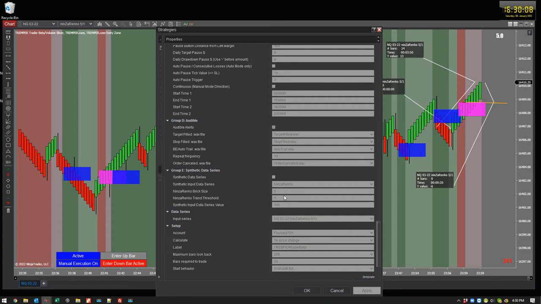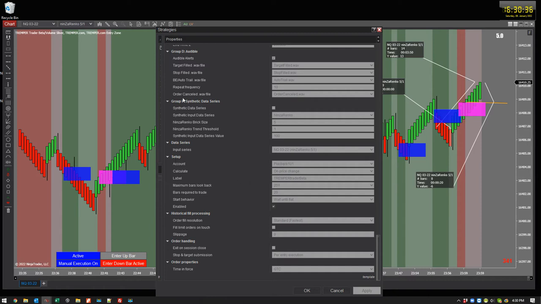Remember, you need to have an opposite bar, a reversal bar. So you have to wait around 15 minutes for it to get a new down bar, hopefully, then it has to go up 6 ticks. So you could force it to use a different time frame. By clicking this here, you could say, okay, I'm on a higher time frame, but I want to use this time frame. And you could force it to use that.